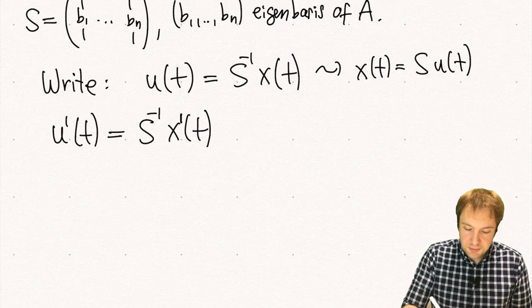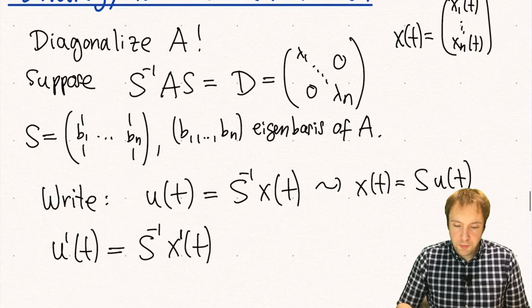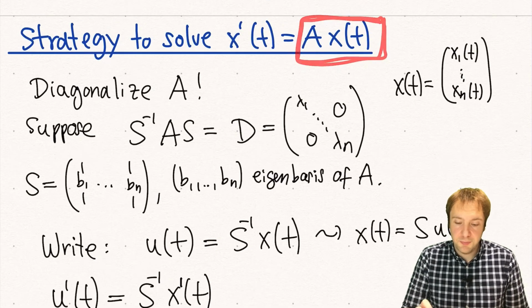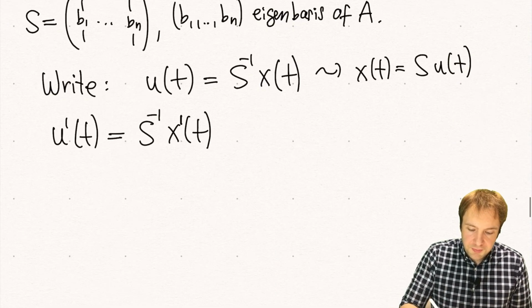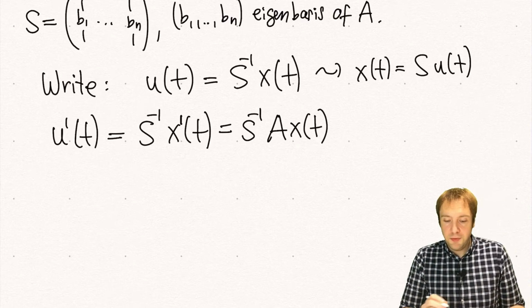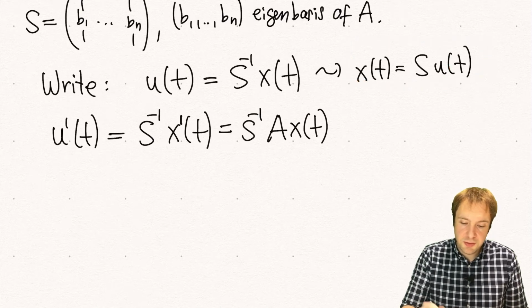And now, what is x prime? We assume that this is A times x(t), even though we don't know what x is yet. So this is S inverse times A times x(t). And what is x(t)? It is S times u(t).